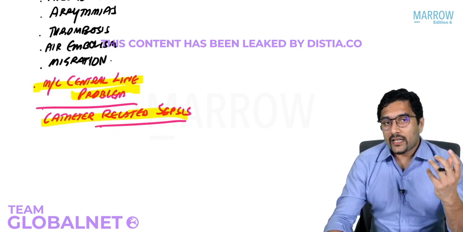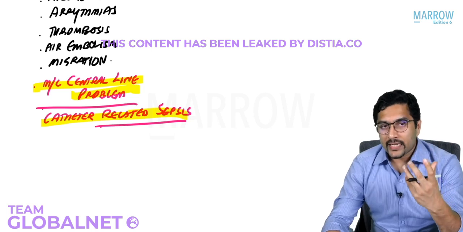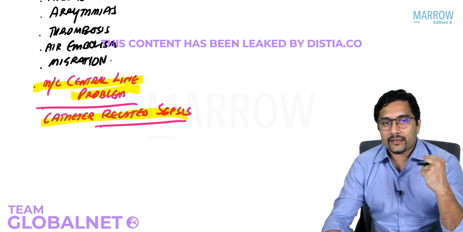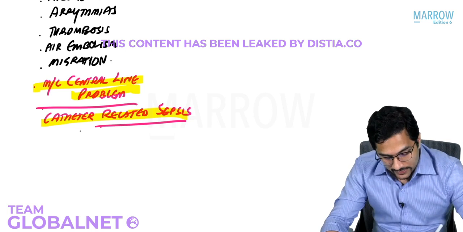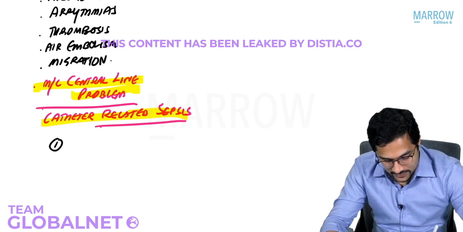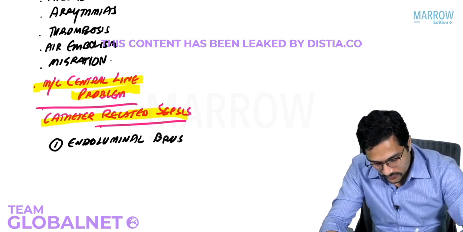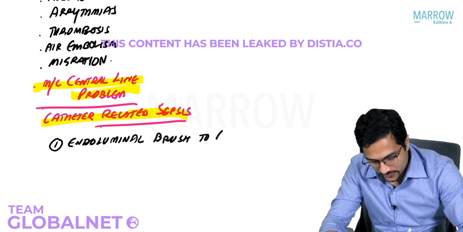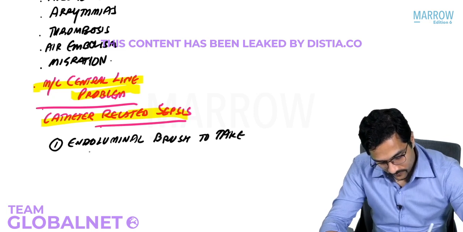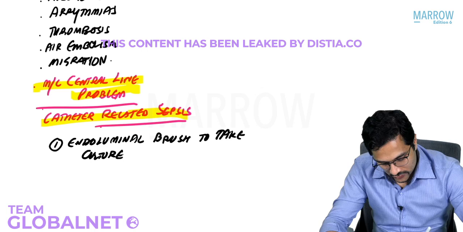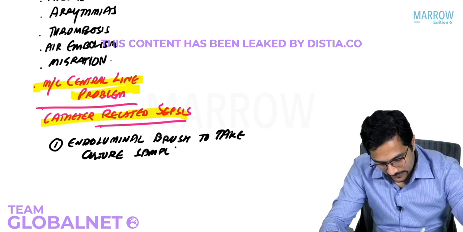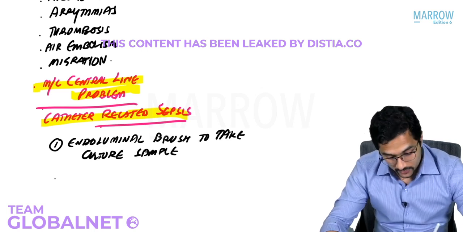If the patient is running fever and has a central line in situ, we need to suspect catheter-related sepsis. And if you are suspecting catheter-related sepsis, we can either introduce an endoluminal brush to take a culture sample, and then start antibiotics accordingly.